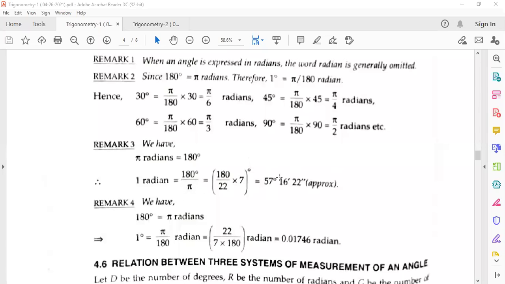10 by 3 is rational number or irrational number? Anyone can say?